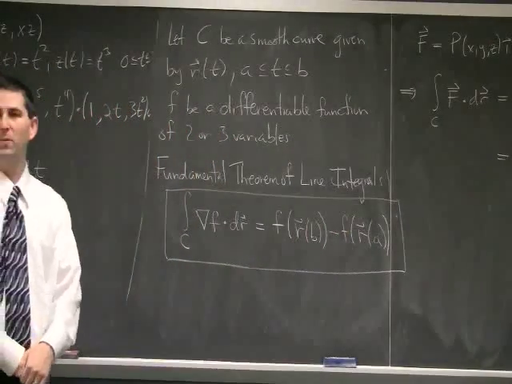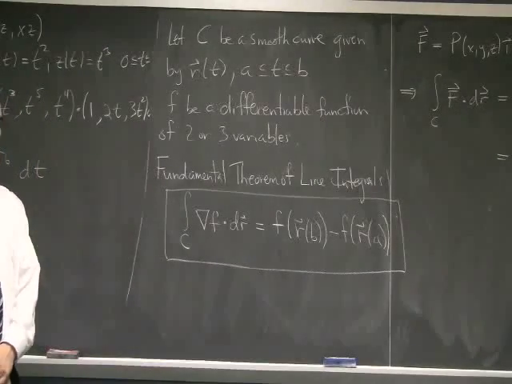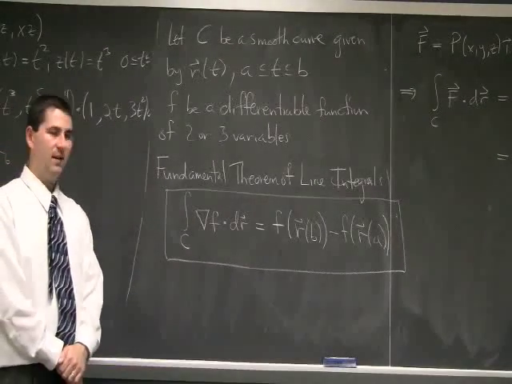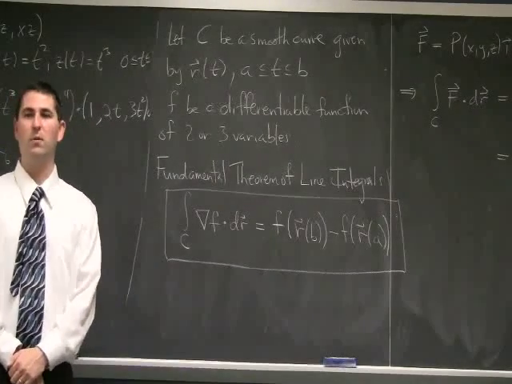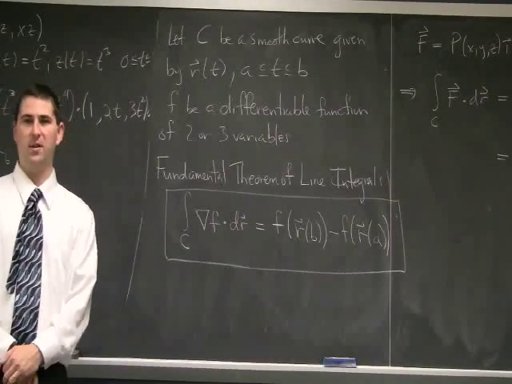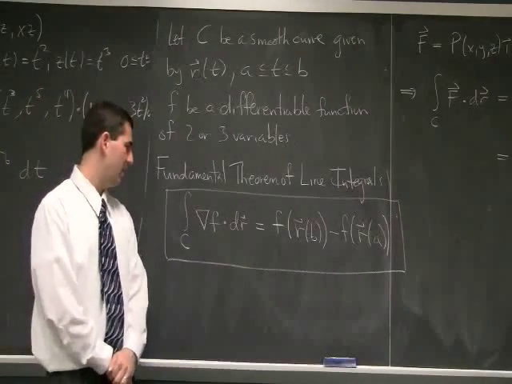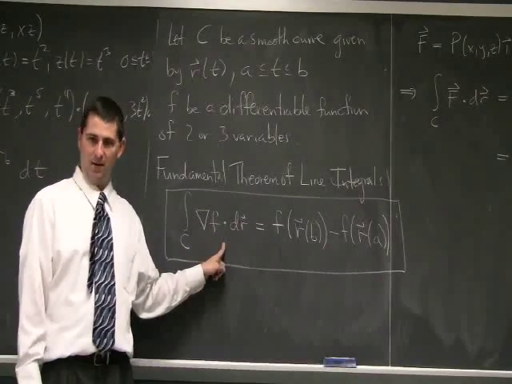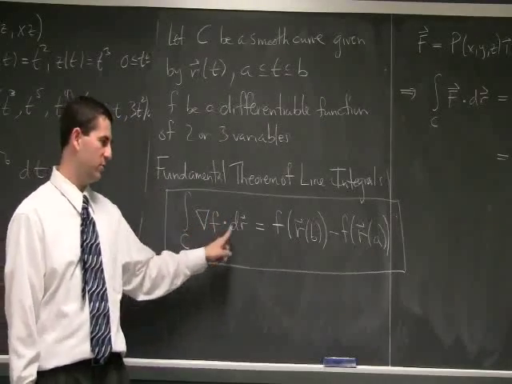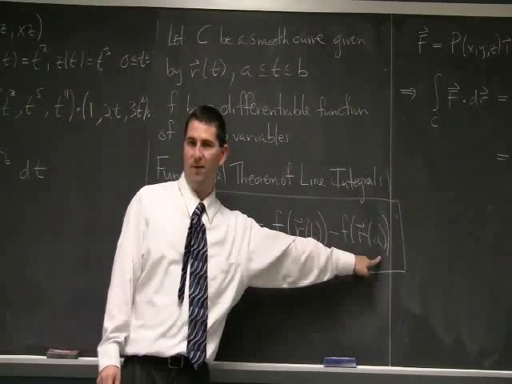So this is really cool because it's telling you that at least if there's nice enough stuff going on, and when we come back from break, I'll tell you what those conditions are, this line integral only depends on the value of the function at the endpoints of the curve.